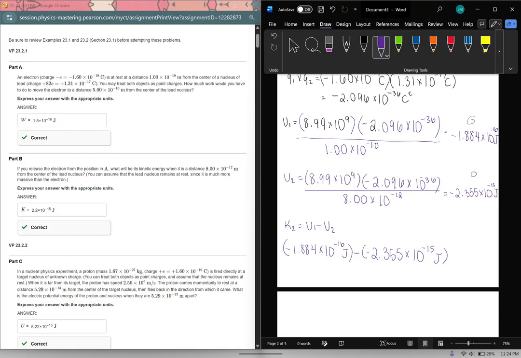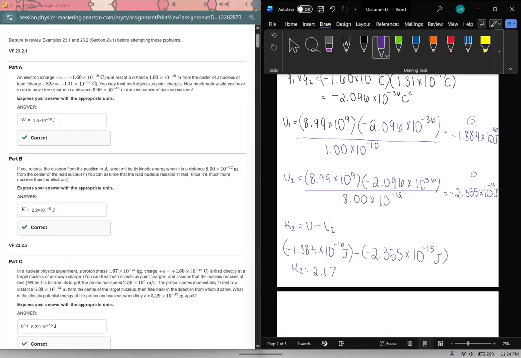1.884 times 10 to the power of negative 16 joules minus negative 2.355 times 10 to the power of negative 15 joules. And my answer is, I'm going to round it. So I got 2.16666.